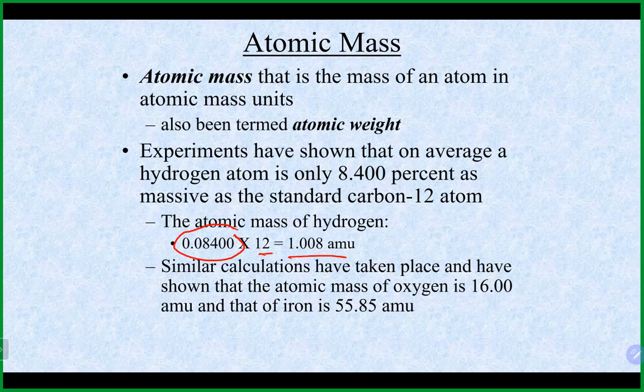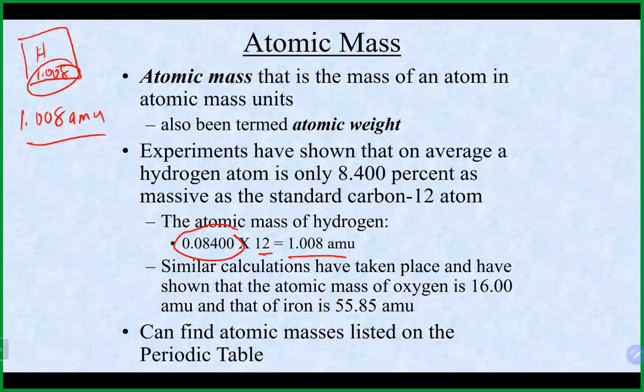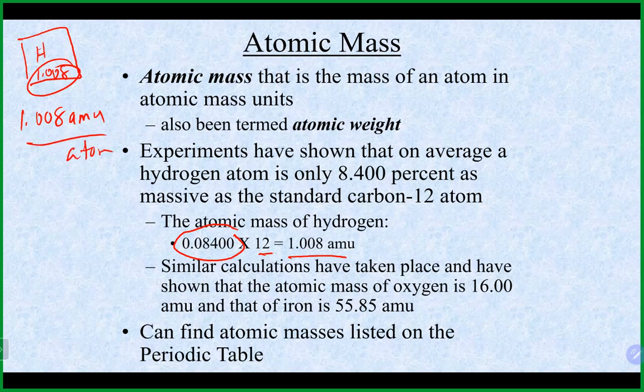We can find other atomic masses, obviously, from the periodic table, and one conversion that we use for that is, for example, hydrogen 1.008. What we could say is there are 1.008 AMU in an atom of hydrogen. That is one way that you could pull the numbers off the periodic table.